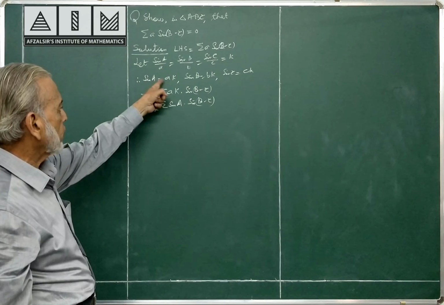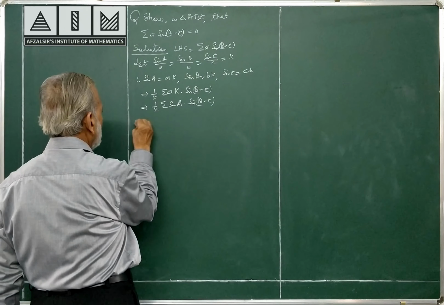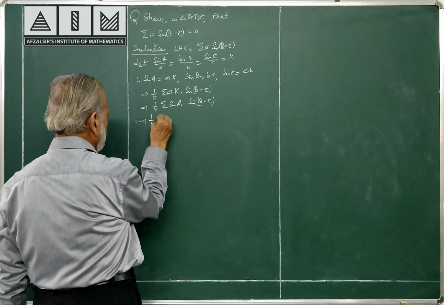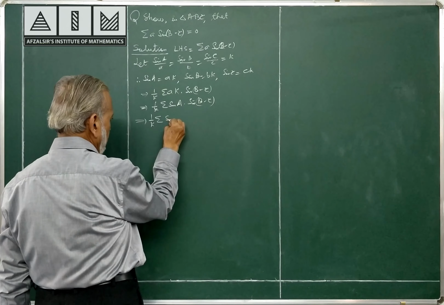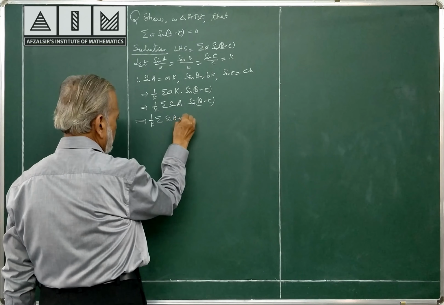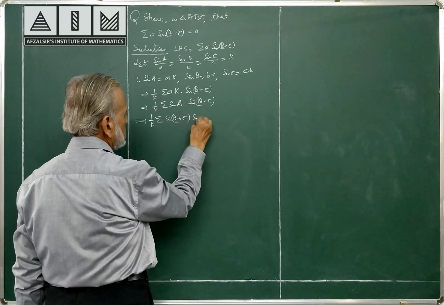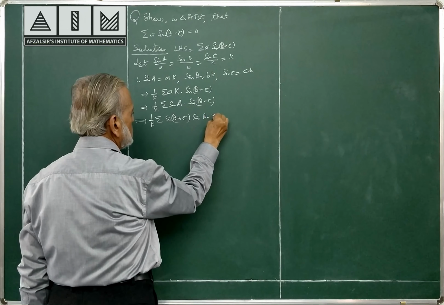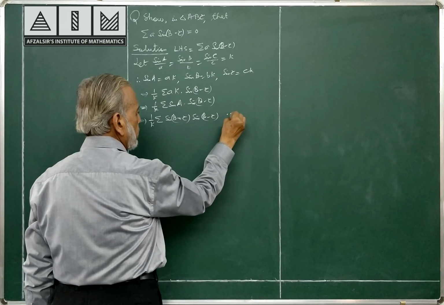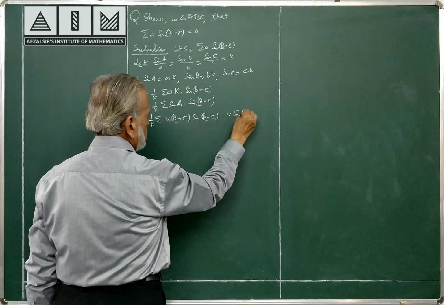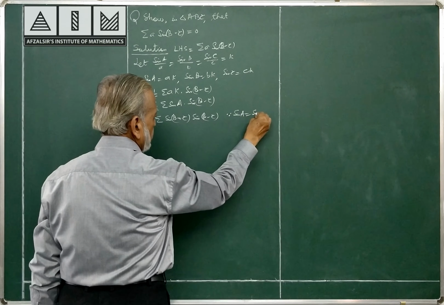Sin A is written for AK, and you know in triangle ABC sin A means sin(B plus C). You can write here if you want, sin A is sin(B plus C).